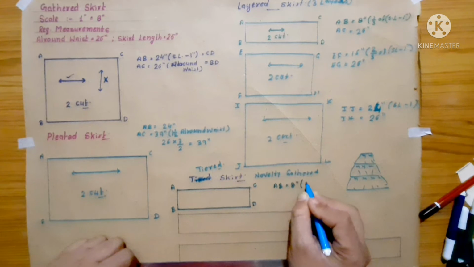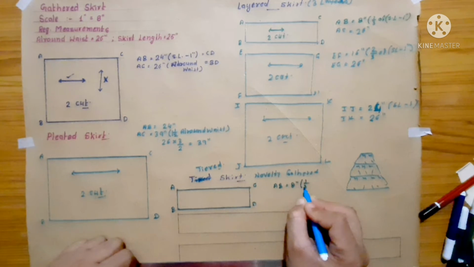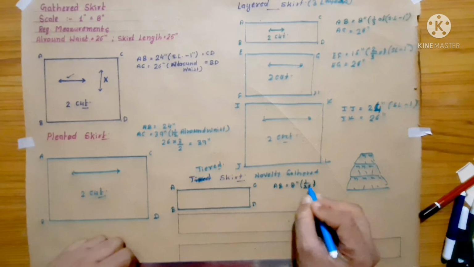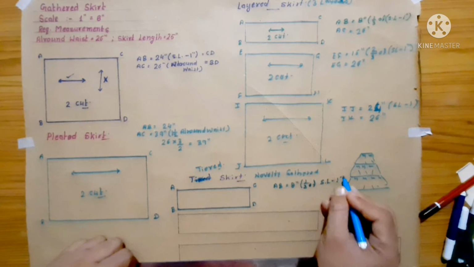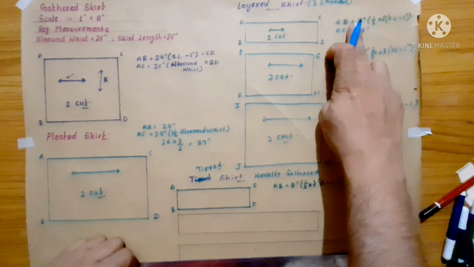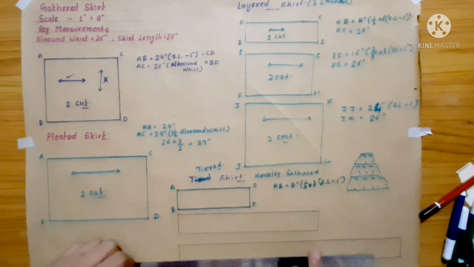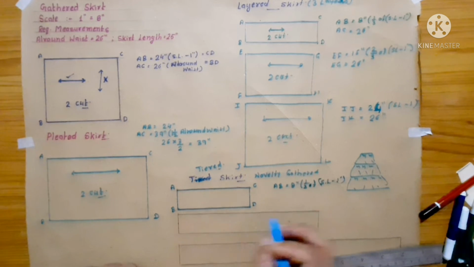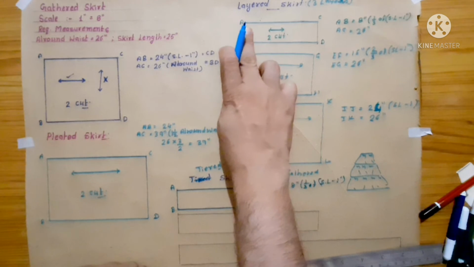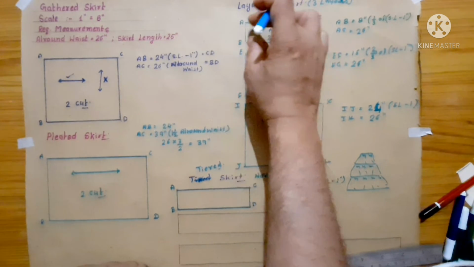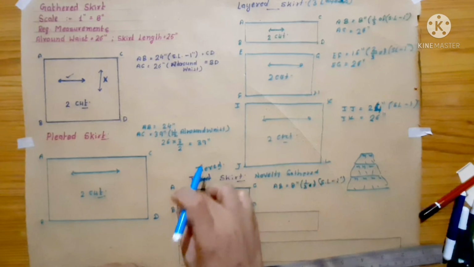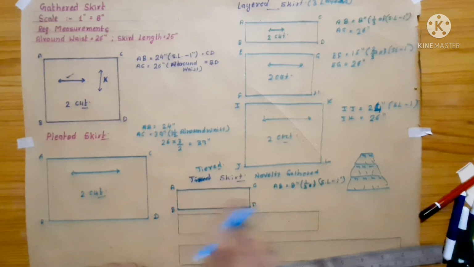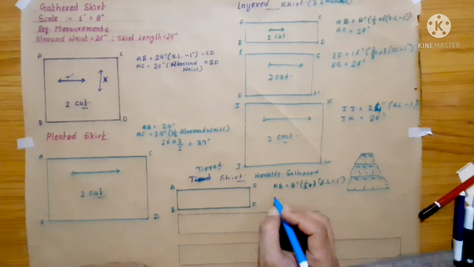That means 1 by 3 of skirt length minus 1 inch, as we have done here in the layered skirt. Here this length would be constant and this would be increasing and decreasing.